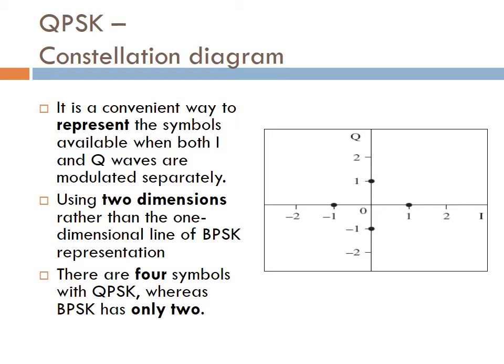But here in QPSK we have a quarter cycle difference in phase, and this can be represented in 2 axes, where on each axis, I and Q, we have 2 orthogonal symbols.